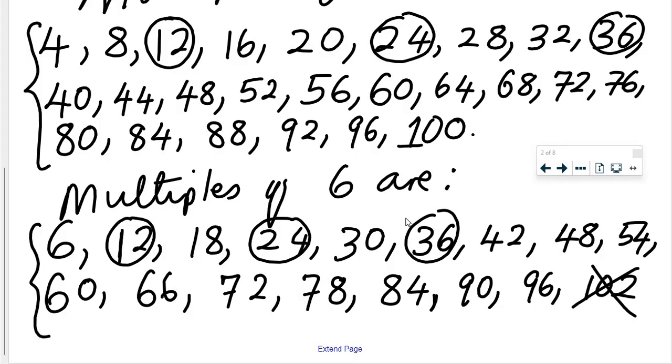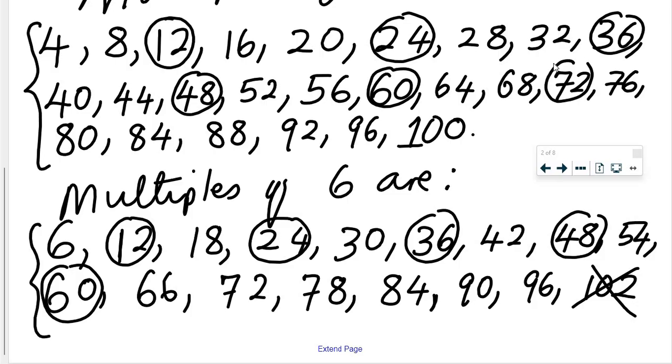After 36, we have 48. After 48, we have 60. After 60, we have 72. After 72, we have 84.